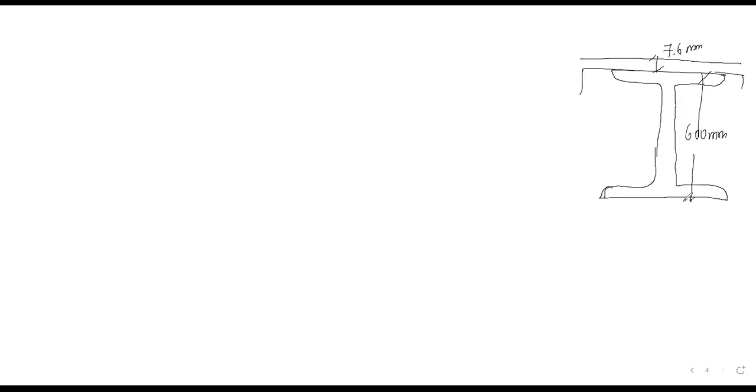So hf is the total height, 600 plus 7.6 mm, so it becomes 607.6 mm. The thickness of flange we know is 7.6 mm, which is the least value when comparing the I section and the channel section.